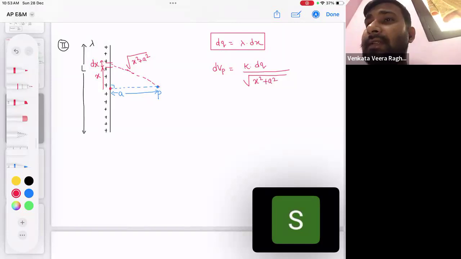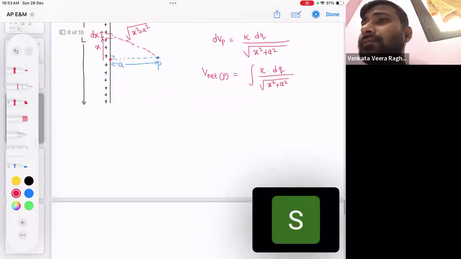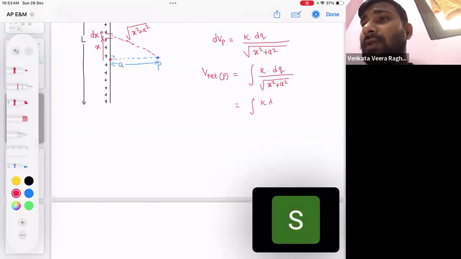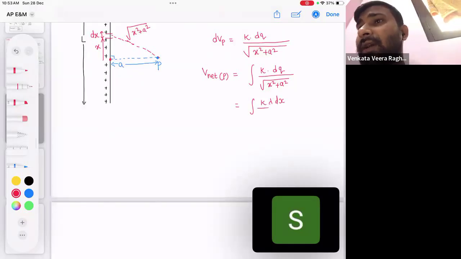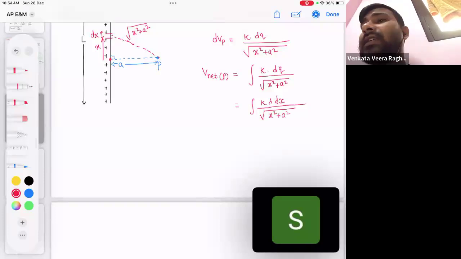So if I want to calculate the net potential at point P, it is the integral of k dq by under root of x square plus a square. What is dq? dq is lambda dx. That integration we have to do.